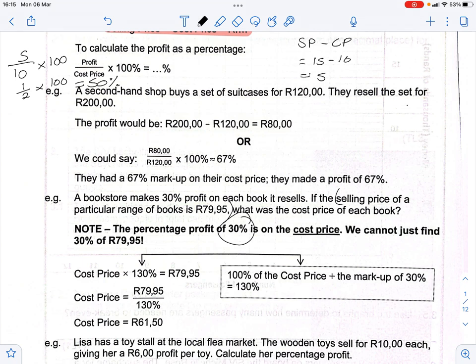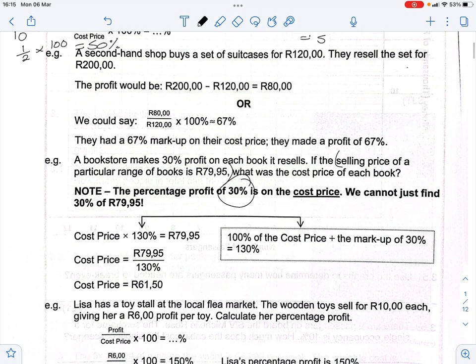We can't just find 30% of the selling price because we've added 30% to the cost price. So the formula should look as follows. 79.95 is your selling price, and we've taken your cost price, multiplied it by 130%.